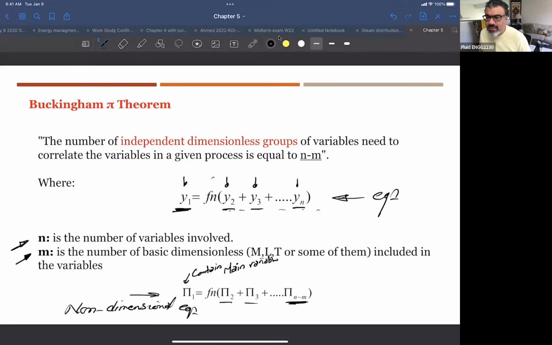I think I have maybe an example like this, and this is actually a very good question. Okay, I can create this variable, but now this pi group is going to be only one pi group that is equal to a constant. It's not going to be a function of any other pi's. The minus 1 doesn't mean anything. It just means that you are kind of overkilling the problem. The problem is just 1 pi, and this pi is constant.